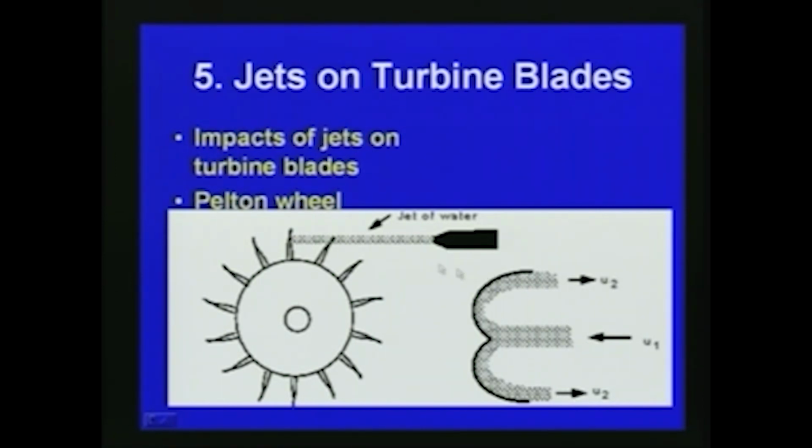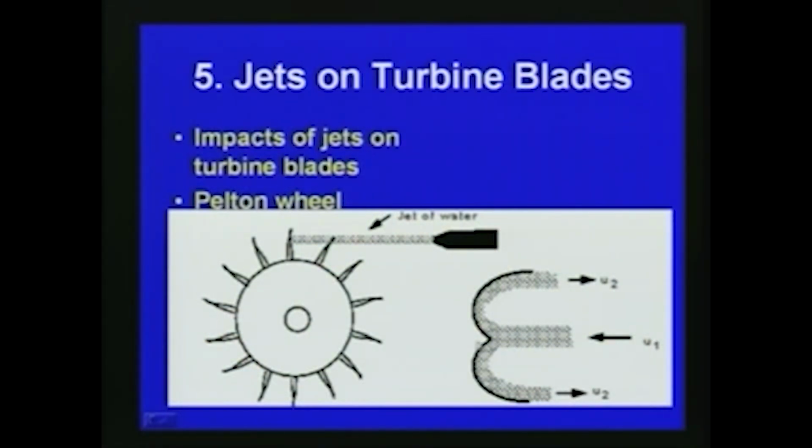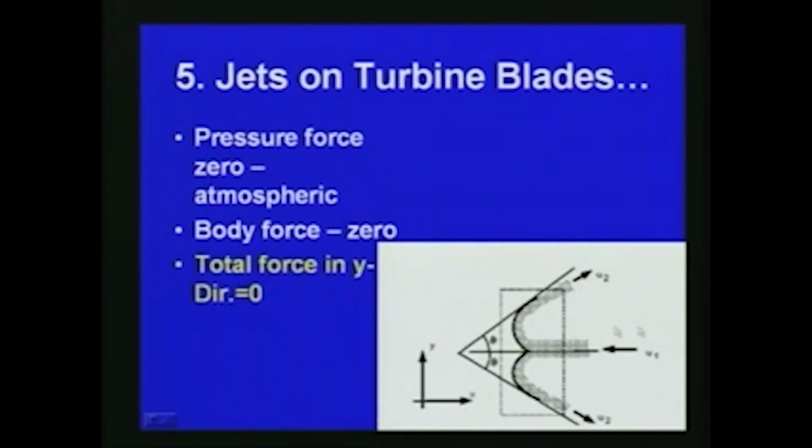This is the mechanism generally used in a Pelton wheel. We want to find out how much force is coming on the Pelton wheel due to this jet action. Here the jet is coming perpendicular in the horizontal direction and deflecting also in the horizontal direction, but it can also be inclined.